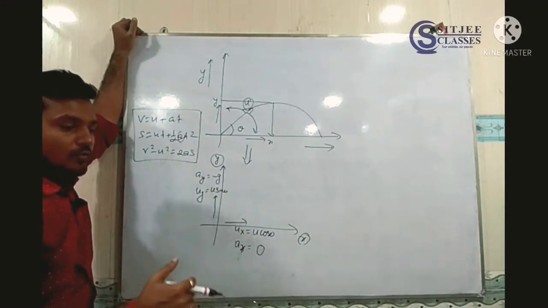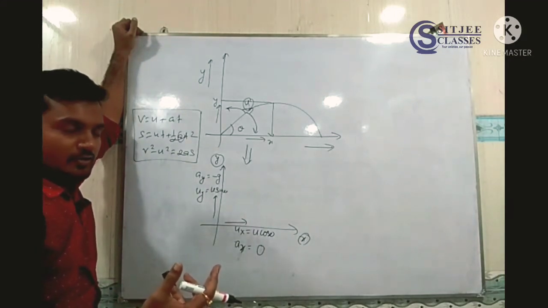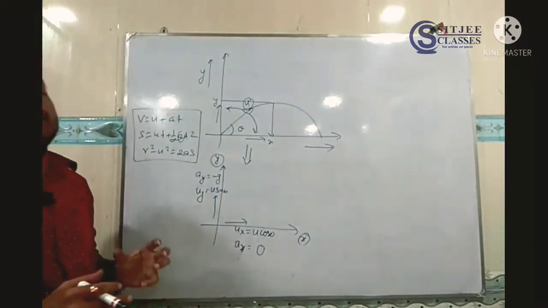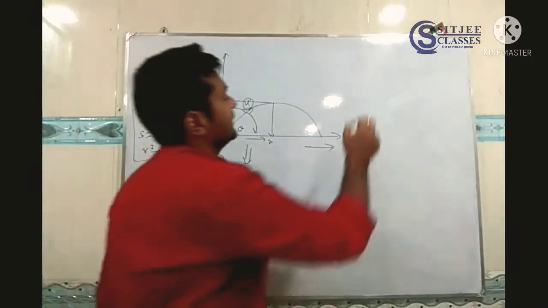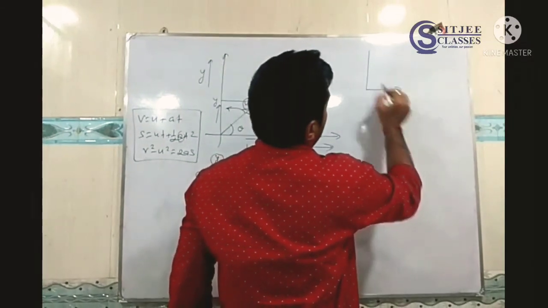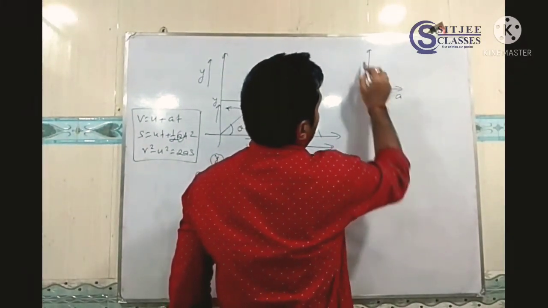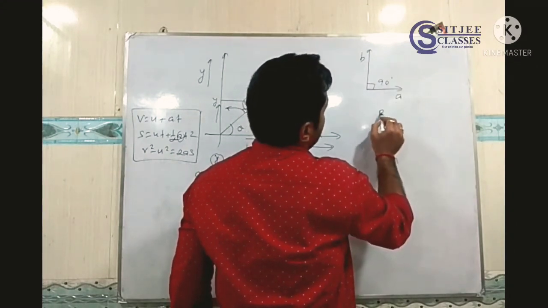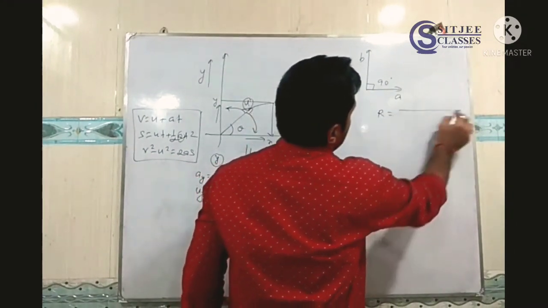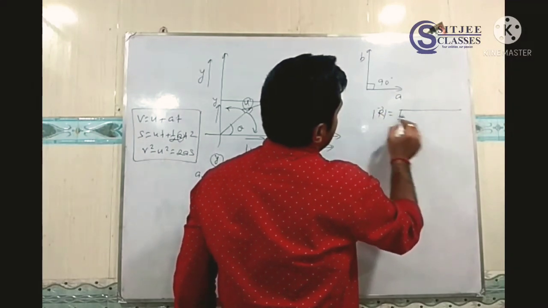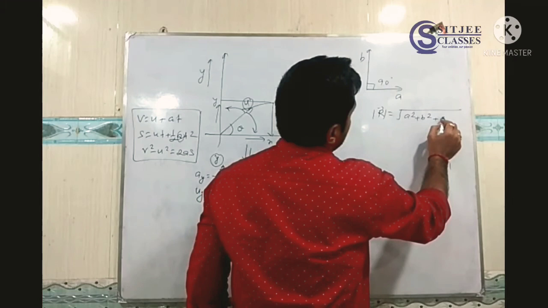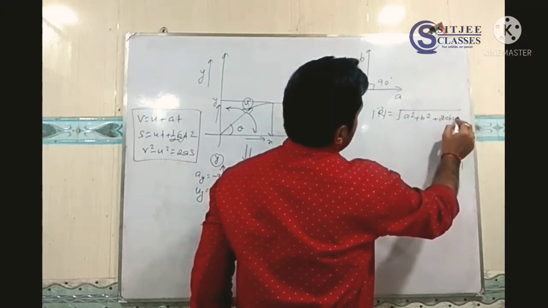Now in the last, when I need any result, what do I have to do? You are going to add the x direction and y direction components with the help of vectors. That I will keep ready here. If two vectors are there, let us take vector a and b. When they make an angle of 90 degrees, how do you get the resultant? The magnitude of the resultant is given as a square plus b square plus 2ab cos 90.